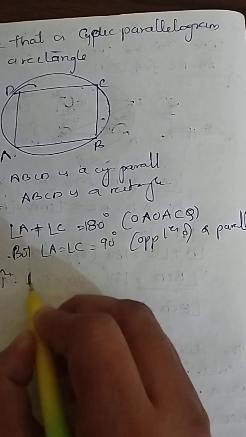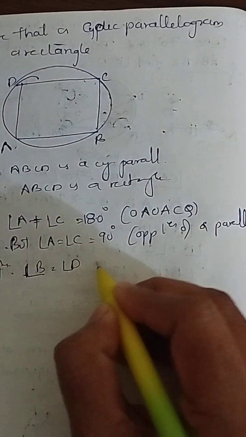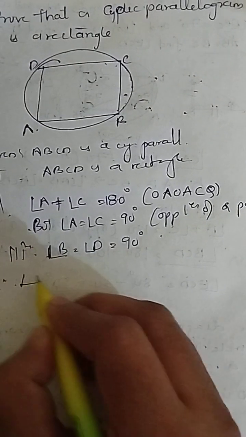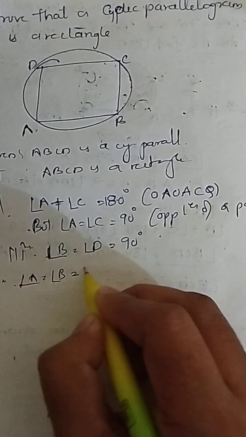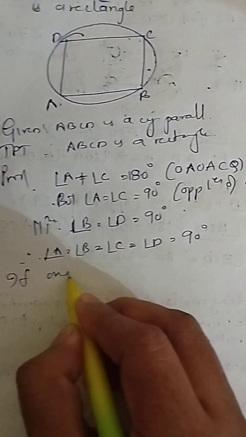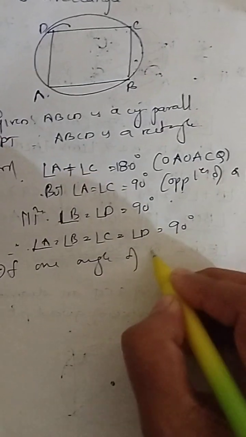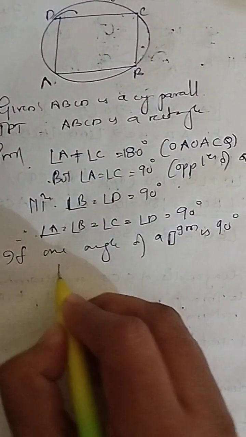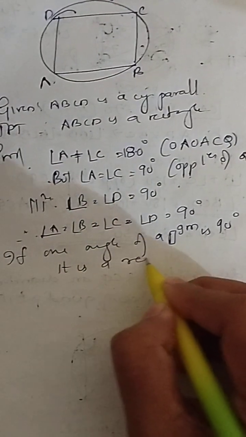Similarly, angle B is equal to angle D is equal to 90 degrees. Therefore, angle A is equal to angle B is equal to angle C is equal to angle D is equal to 90 degrees. If one angle of a parallelogram is 90 degrees, it is a rectangle. So proved.